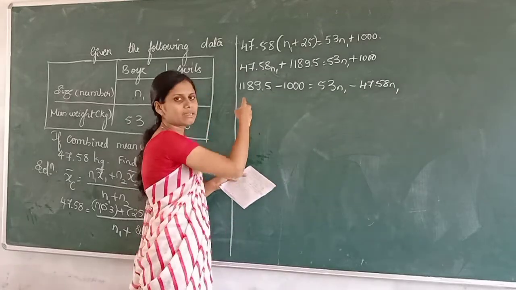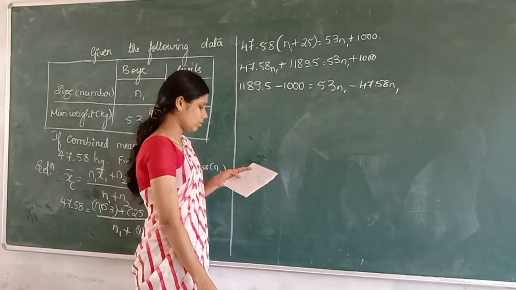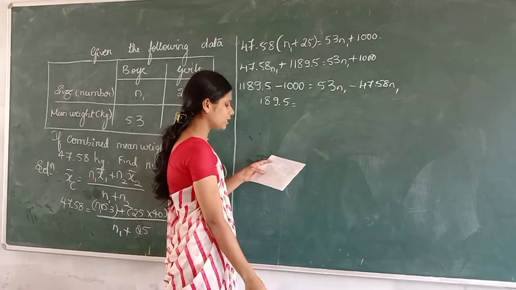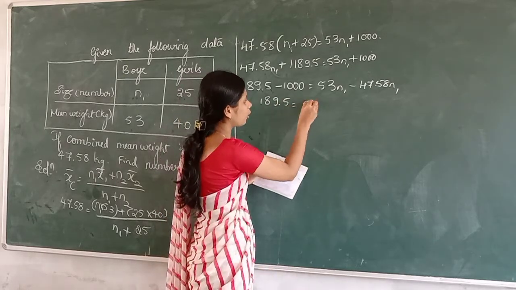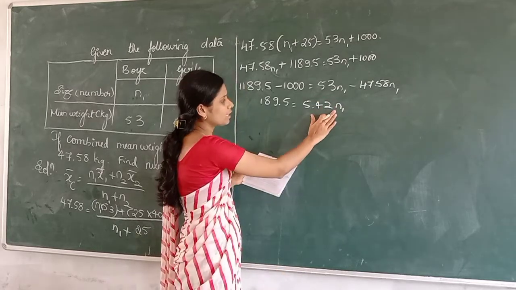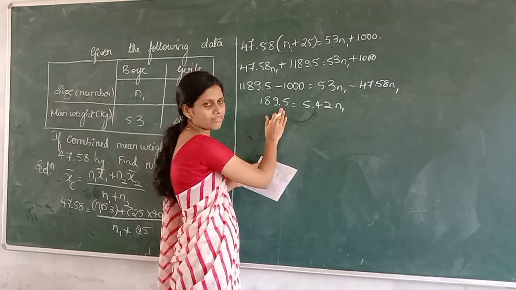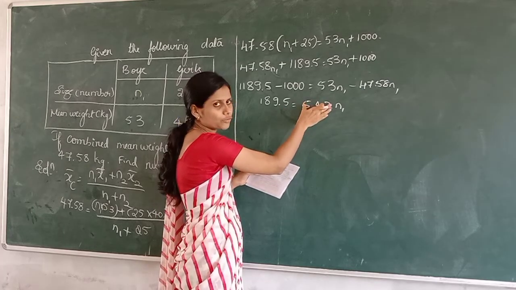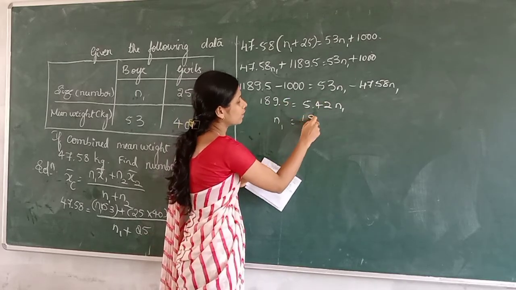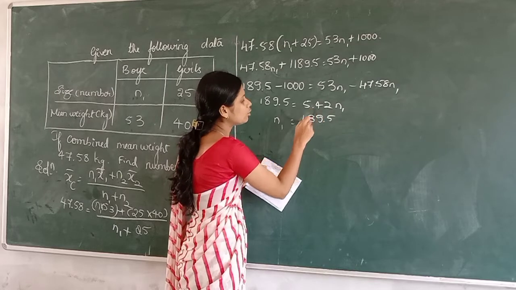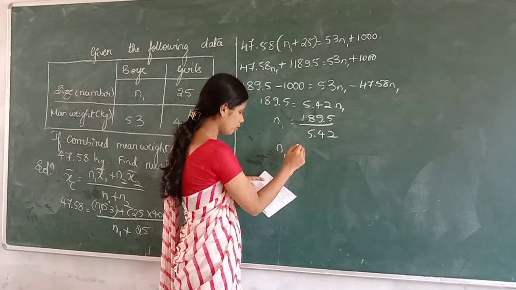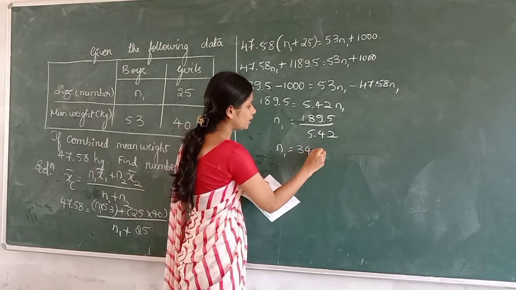Now 1189.5 minus 1000 is 189.5, equal to 53 minus 47.58, which is 5.42 n1. Now we keep n1 as it is and take 5.42 to the left hand side, where it becomes divided by, so n1 is equal to 189.5 divided by 5.42. When you divide, the value of n1 comes to 34.96.